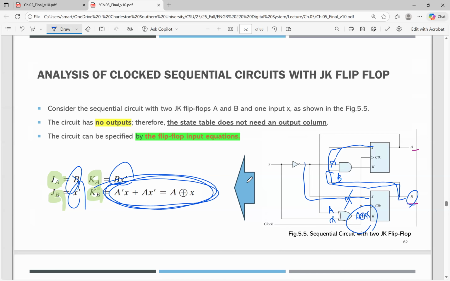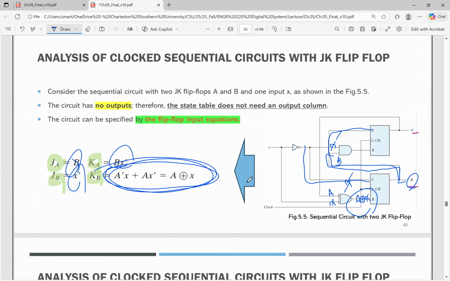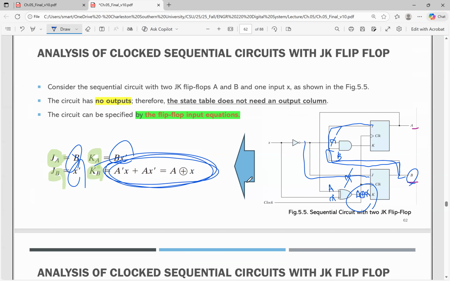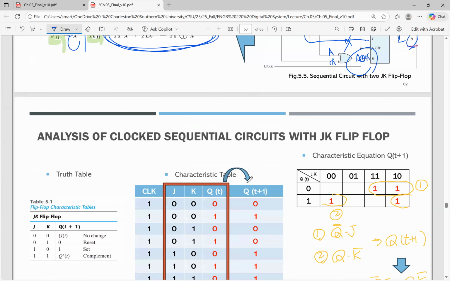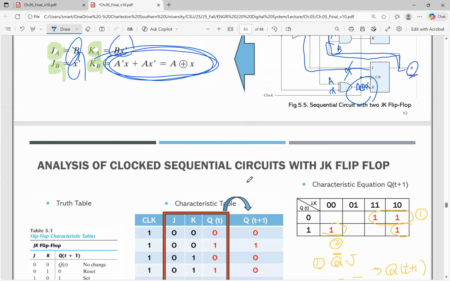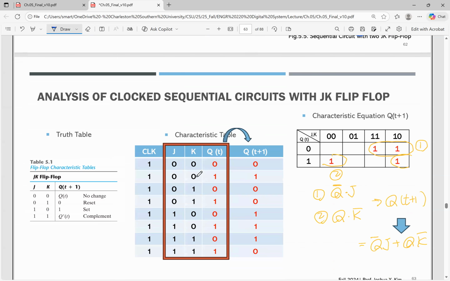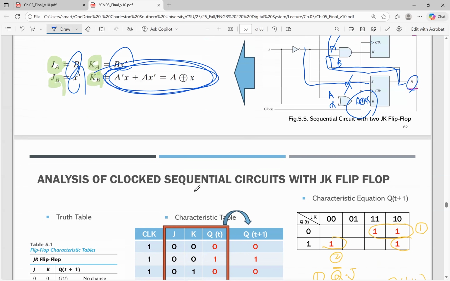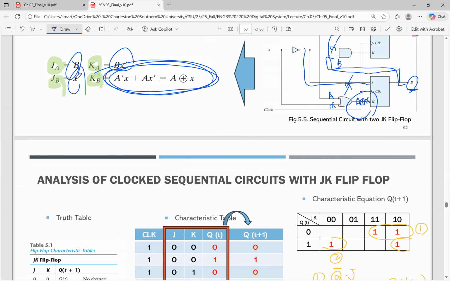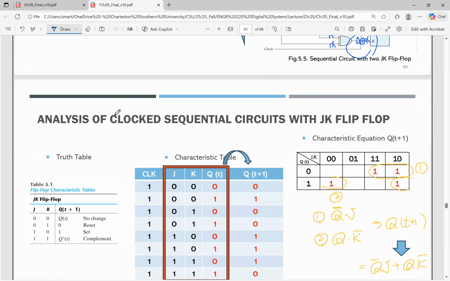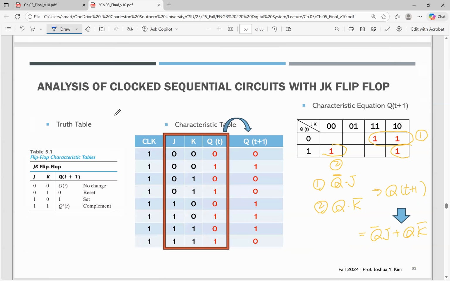So maybe in question one, you have to find the JK flip-flop input equations. And then from here, you can find the next states if given 000, 001 until 111. So we have a lot of options if you want to use J sub A, J sub B right there. But for the next state, we learned before, 0, 0 what?